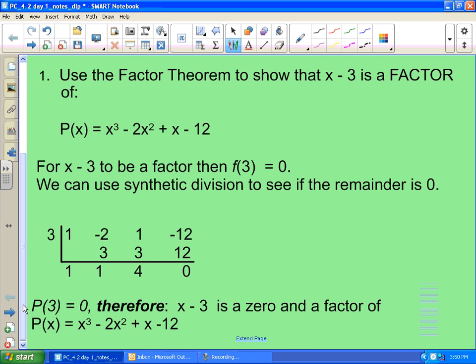We've got x minus 3. We're going to show that that is a factor of the polynomial p of x equals x cubed minus 2x squared plus x minus 12. So if x minus 3 is indeed a factor, that must mean, again, this is the x minus r form, and we're going to be considering r values.